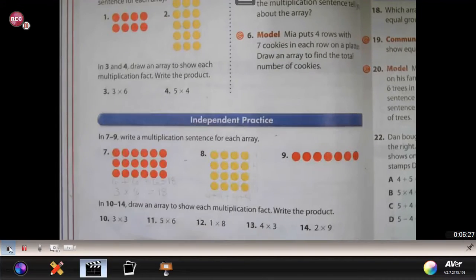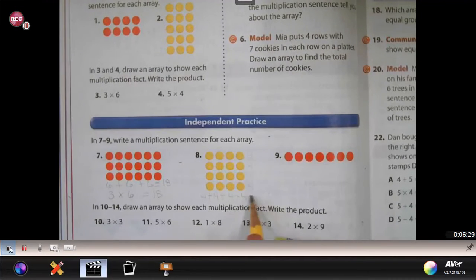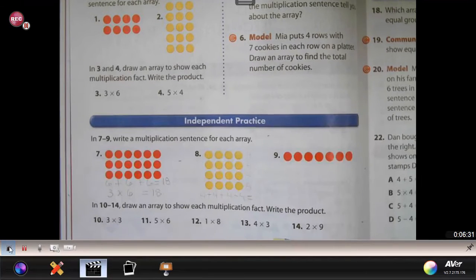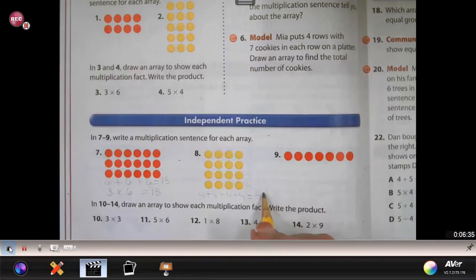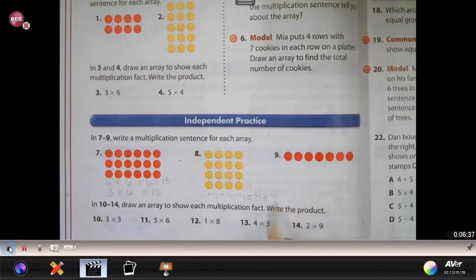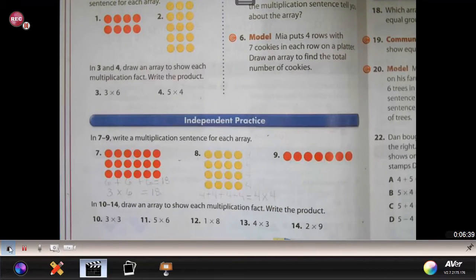And if I write that equivalent to a multiplication sentence, it would be 4 rows with 4 in each of my rows. So 4 rows with 4 in each row.